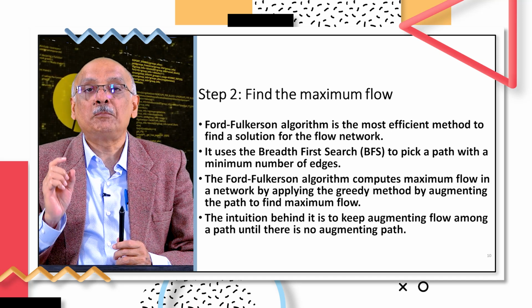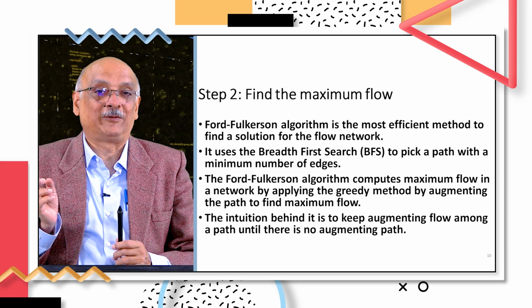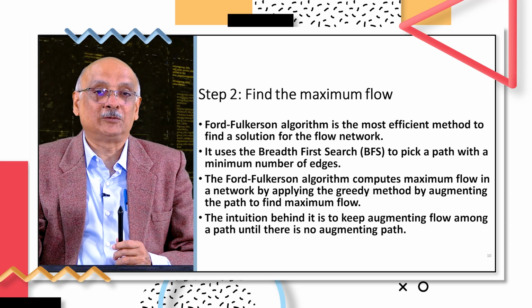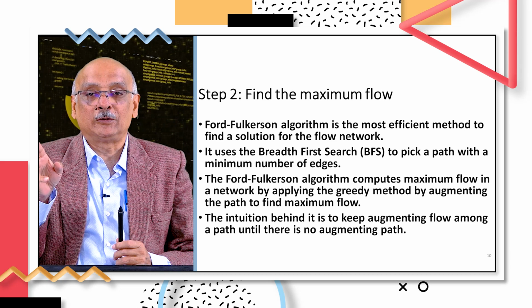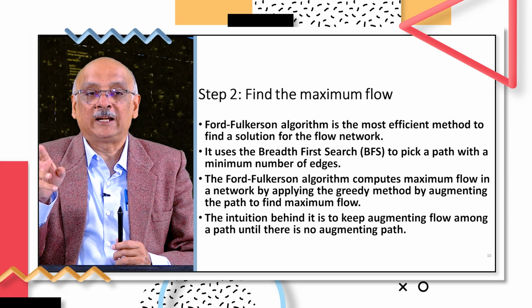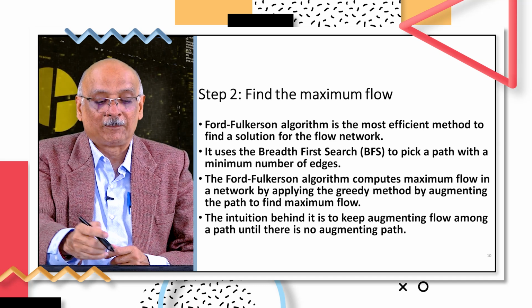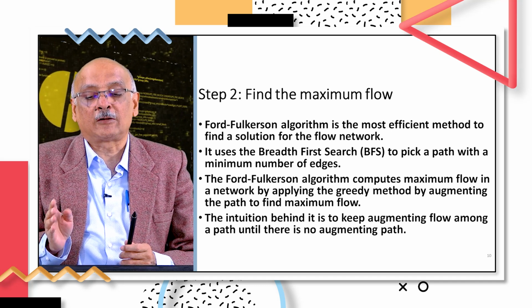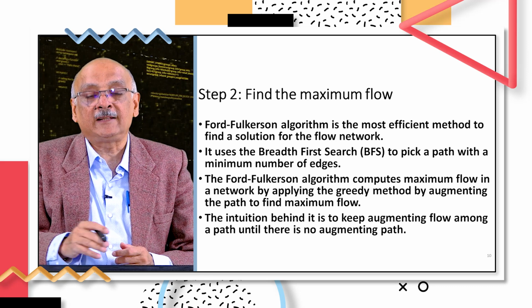It uses breadth first search to pick a path with the minimum number of edges. We might also use depth first search, whatever we want to do. The Ford-Fulkerson algorithm computes the maximum flow in the network by applying the greedy method.